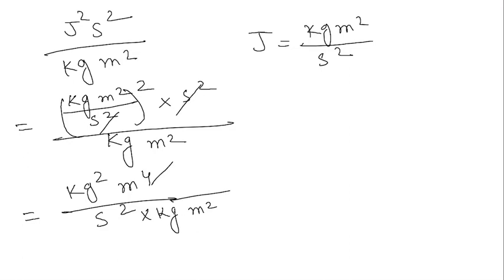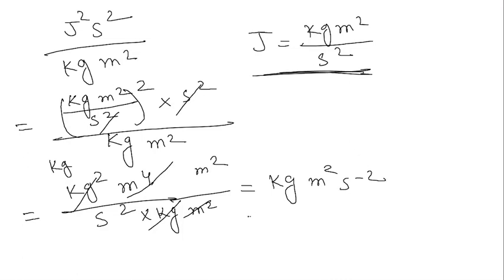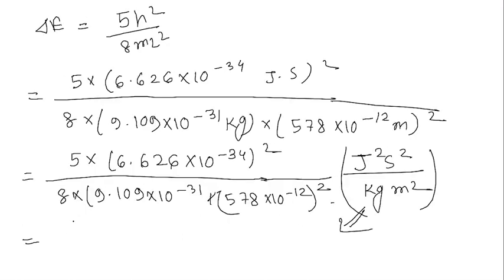Okay, what is left? Kg meter square second to the power minus 2. This is the unit of joule. Now please calculate. I am giving the value because here I have nothing to do.